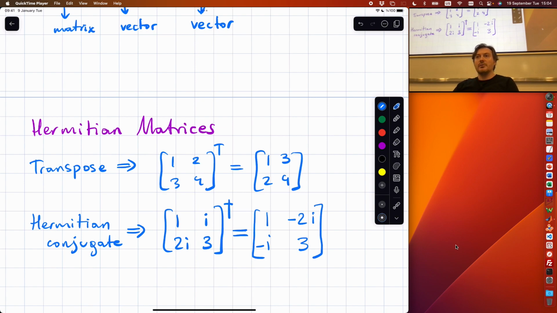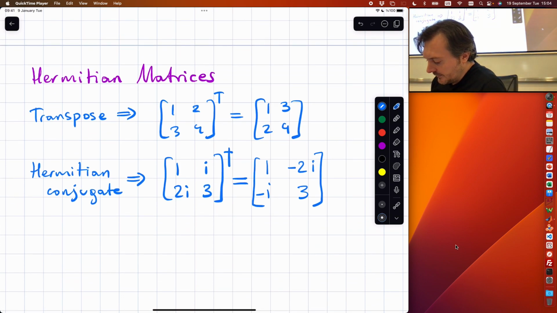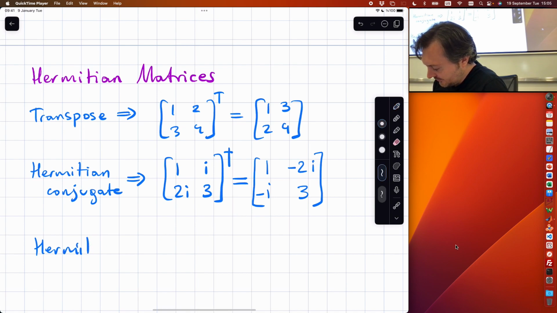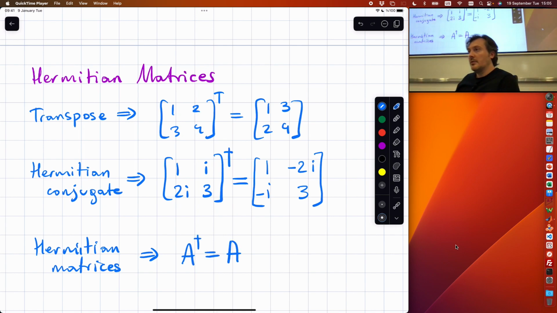So we are about to understand the first word. Hermitian matrices are matrices which have this property. Okay? When you take the Hermitian conjugate, it's still itself.